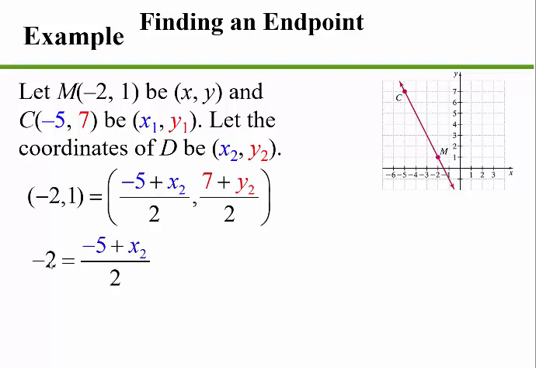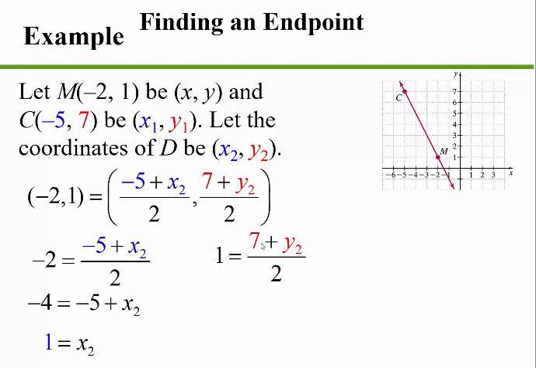So to solve this, first thing I have to do is cross multiply. So negative 2 times 2 gives me negative 4, is equal to negative 5 plus x2. So then I'm going to add 5 to each side. That tells me that my D point over here, the other endpoint, the x value is equal to 1. I need to do the same thing for y.